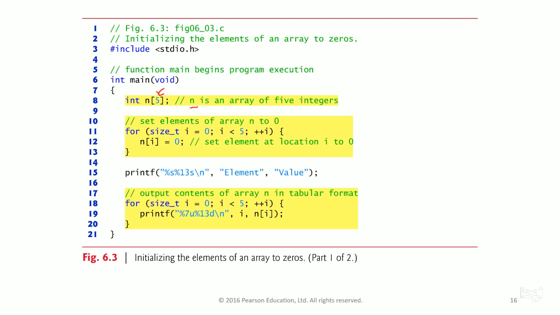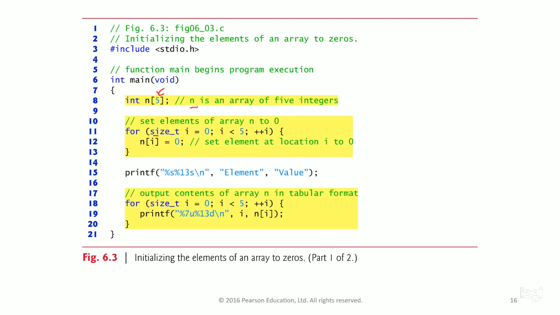So how can we do that? Well, one way of doing that is to take a for loop and start it at 0, and take it up to 4. So this loop goes up to 5 minus 1, which is 4, because this is less than 5, not less than or equal to 5.